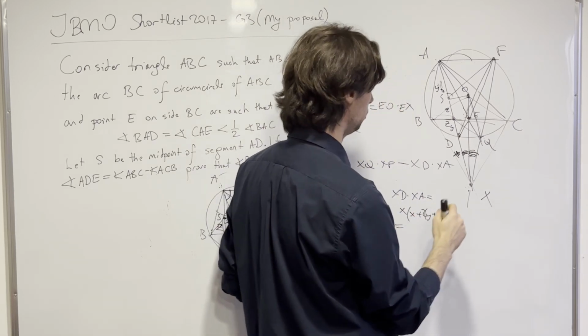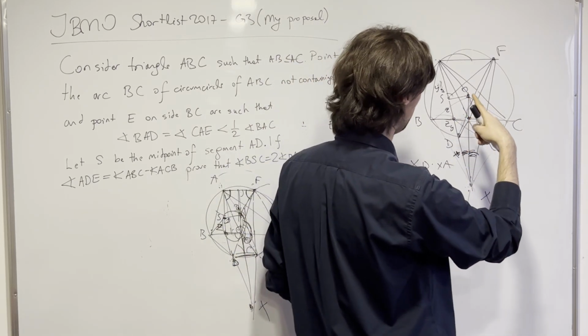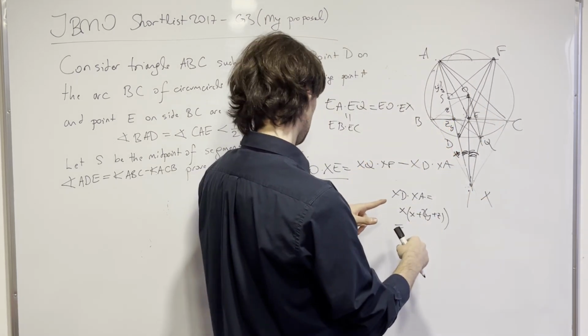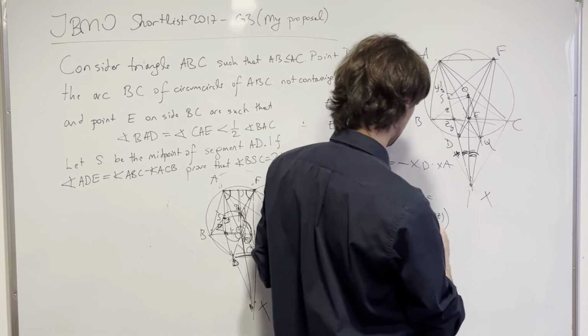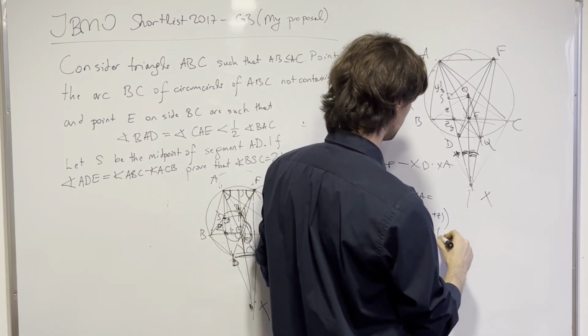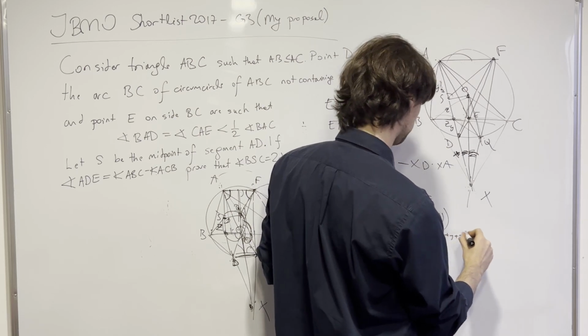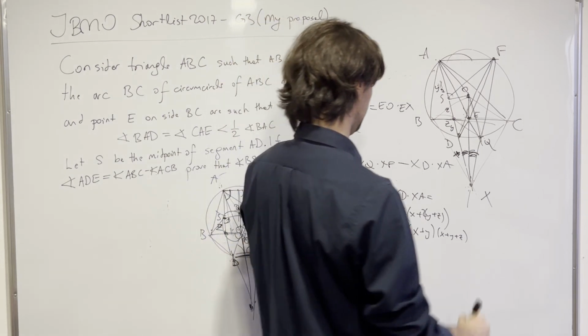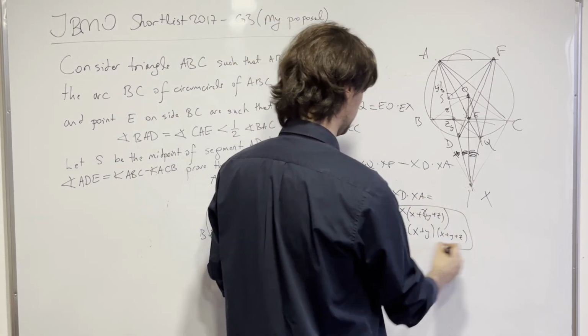And we've shown that this is equal to XZ times XS. So XZ times XS is (x plus y) times (x plus y plus z). So we have this, and that's what this power of a point gives us.